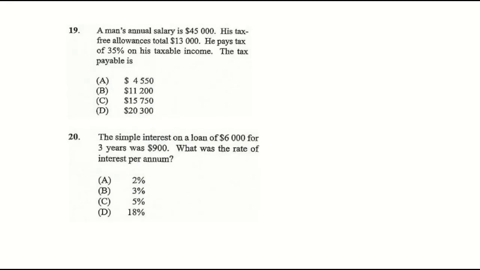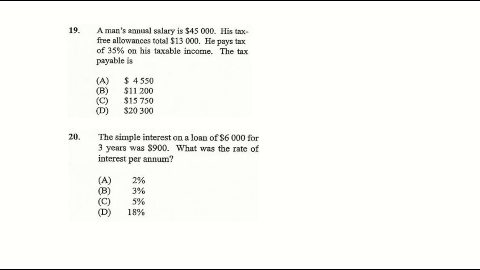A man's annual salary, is this a repeated question? A man's annual salary is 45,000. His tax-free allowance is 13,000. No, this is not a repeated question. It looks like one of those, but it's not. Right?